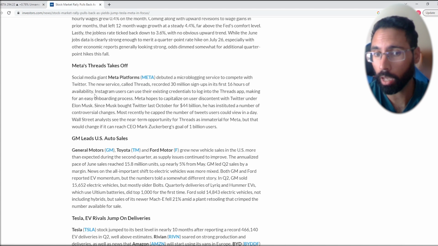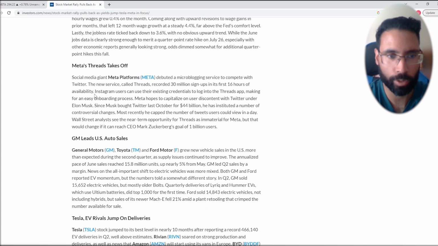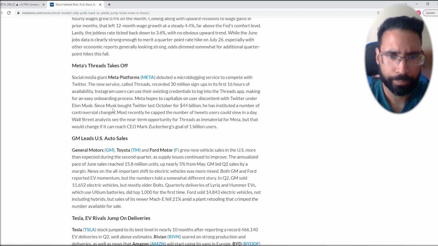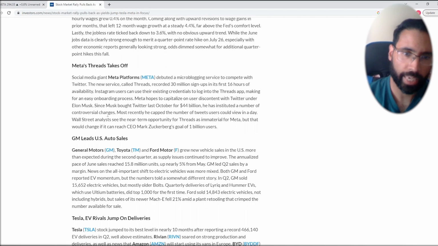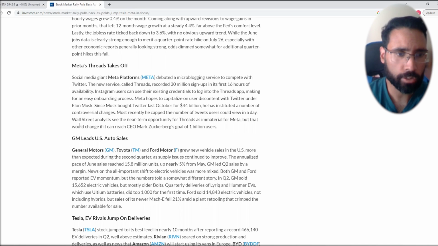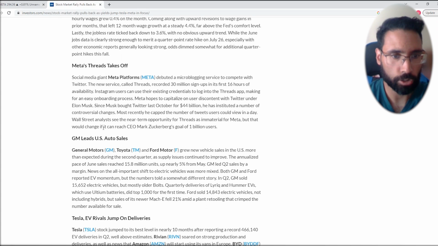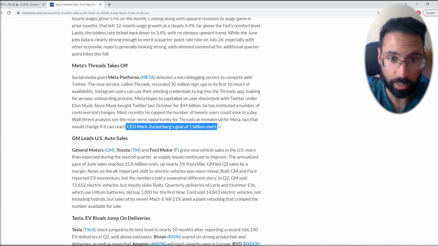Meta hopes to capitalize on user discontent with Twitter under Elon Musk, who has instigated a number of controversial changes on Twitter, and Meta and Zuckerberg, I guess, are hoping to capitalize on that. Analysts on Wall Street see this as a near-term immaterial opportunity for Meta, but that would change if CEO Mark Zuckerberg's goal of 1 billion users can be reached.